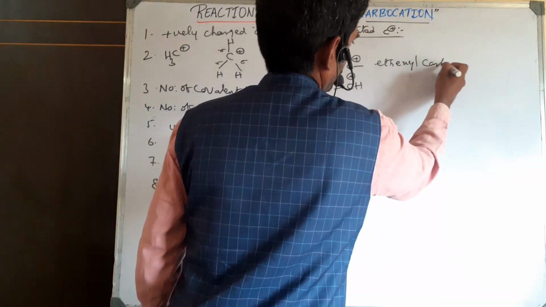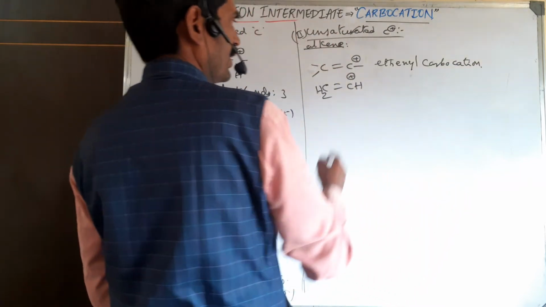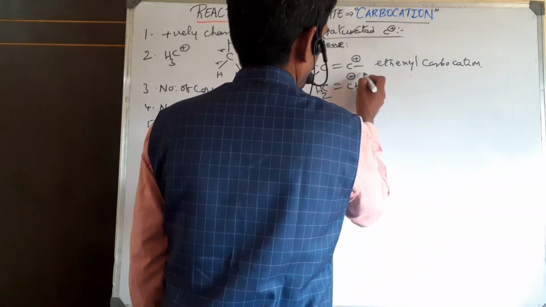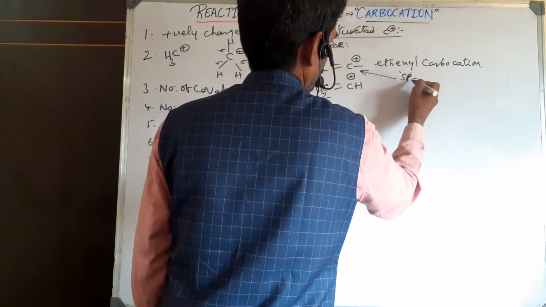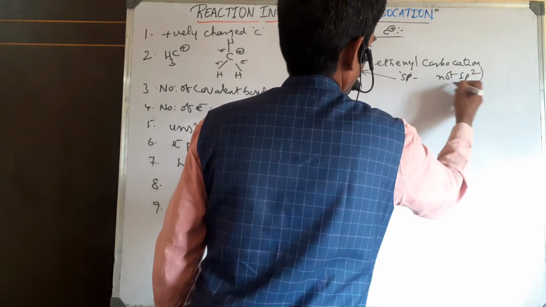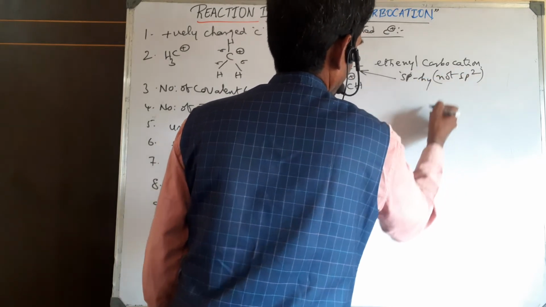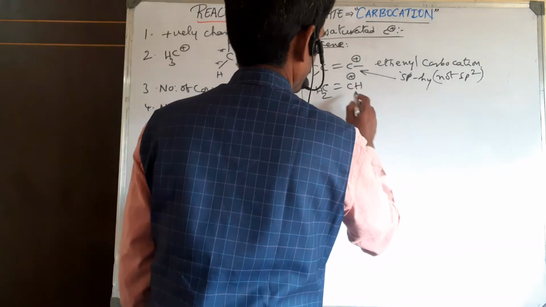ethenyl carbocation, and here the carbon undergoes what type of hybridization? Students commonly make a mistake. It is sp hybridized carbon, not sp2, it undergoes sp hybridization. Take care. Why? Because this is the structural formula.